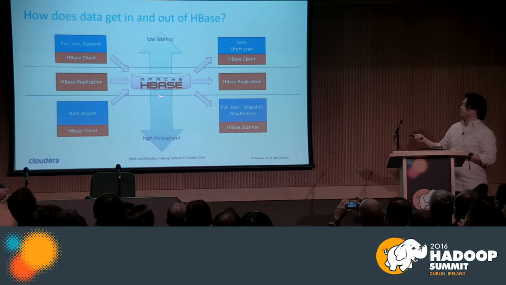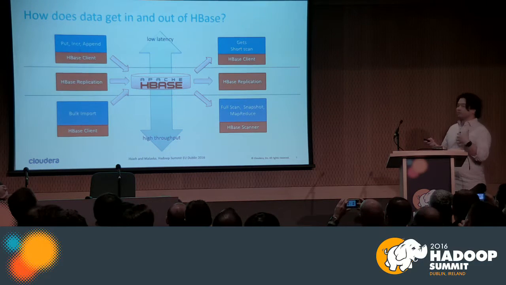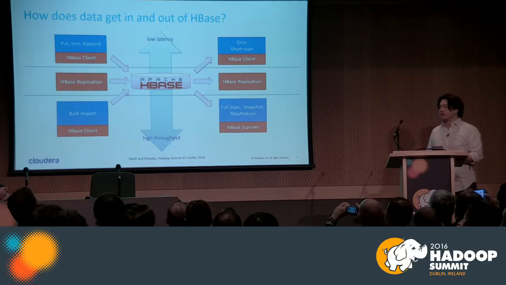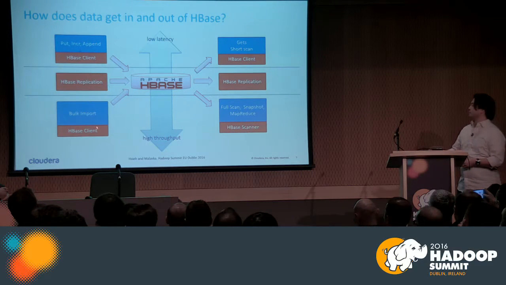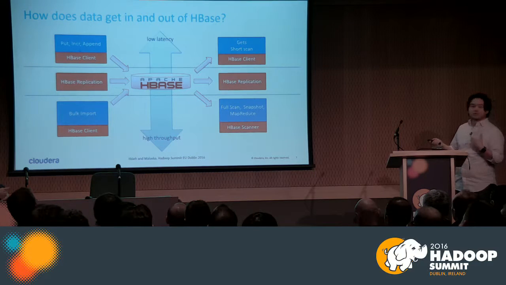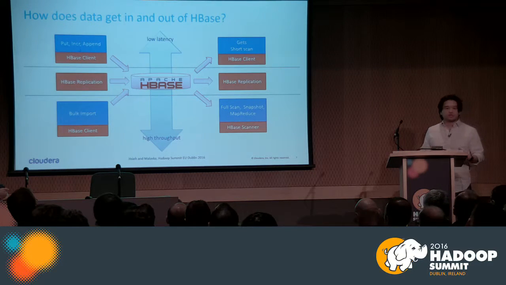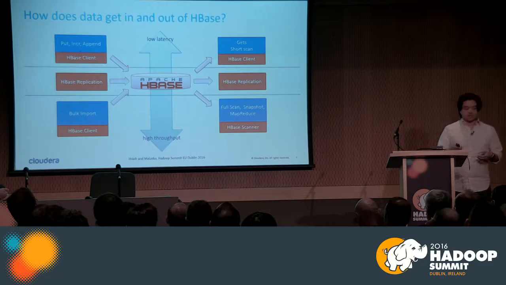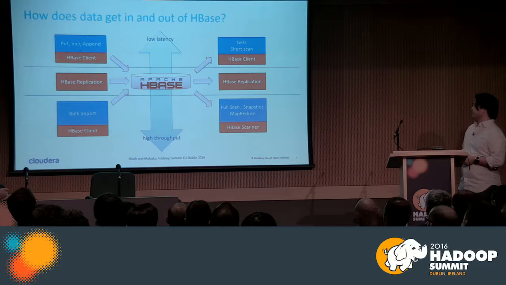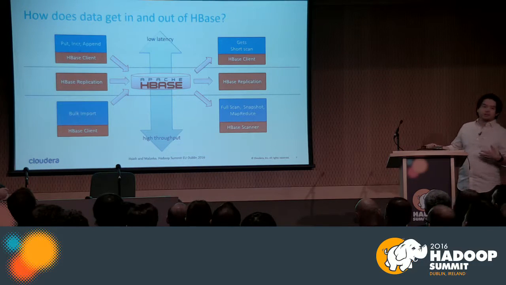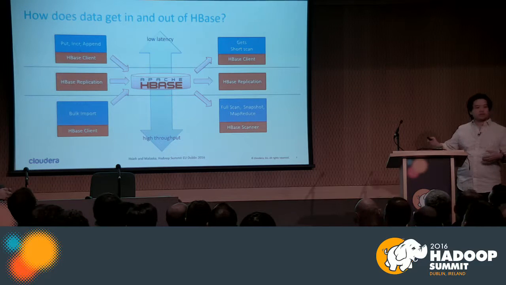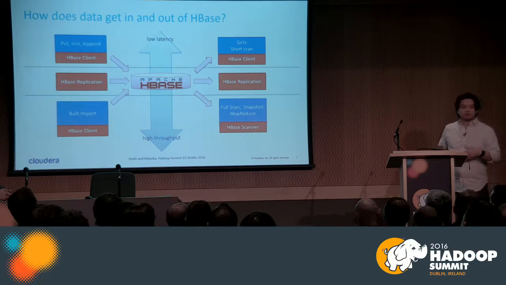We have this mid-tier HBase replication that's somewhere between low latency and high throughput. And then we have the extremely high throughput bulk import mechanisms and snapshot, MapReduce, and full scan mechanisms of HBase for bulk reads of data and bulk writes. So you're picking, based on the way you're reading and writing data, the low latency approach or the high throughput approach.